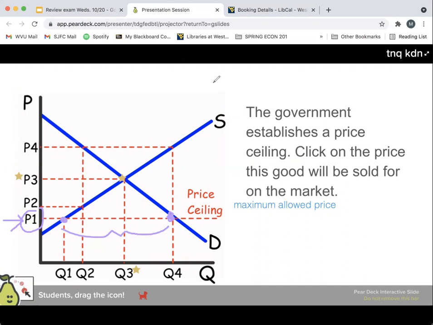So now, instead of using price as a factor to determine who's getting these last goods, the deciding factor is who can wait in line the longest. So think about Black Friday. When prices go very, very low, there are not going to be many of these goods to be sold. Say at Best Buy, they're selling 100 TVs for $50 each. We know that there's going to be a really high demand for that.